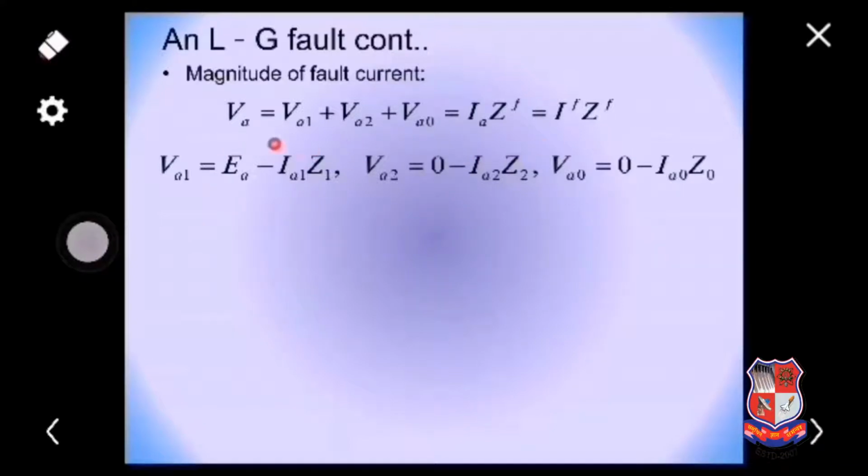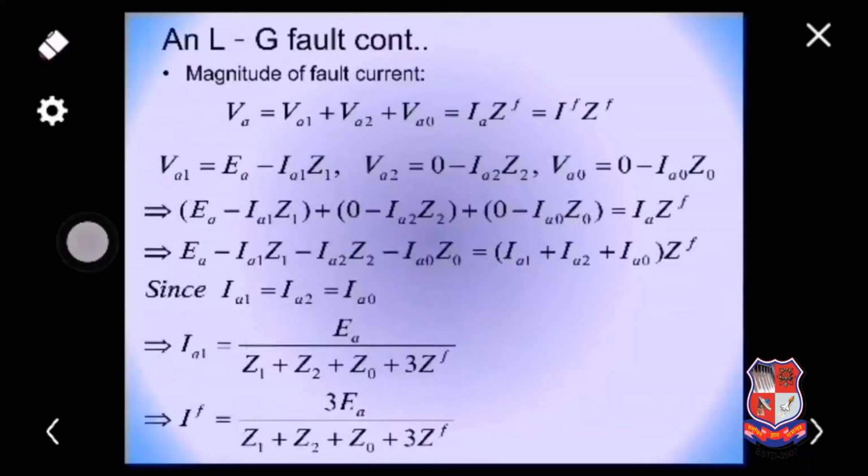This is my first boundary condition. So put this second row of equations into the first row, that is the boundary conditions, to derive IA1. When you simplify this equation and put in the derived condition IA1 equal to IA2 equal to IA0, you will find IA1 is always equal to EA upon Z1 plus Z2 plus Z0 plus 3ZF.